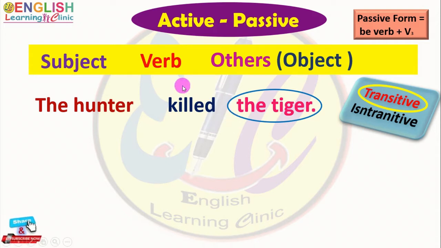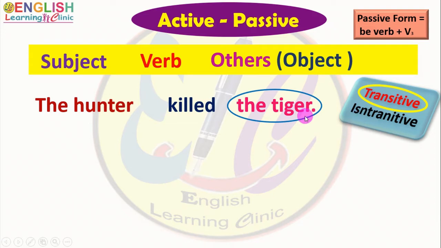As the verb killed is in active voice, the hunter is the doer of the action. And to make it passive, we have to give importance to the receiver of the action. Here the doer of the action killed is the hunter, and the receiver of the action killed is the tiger.